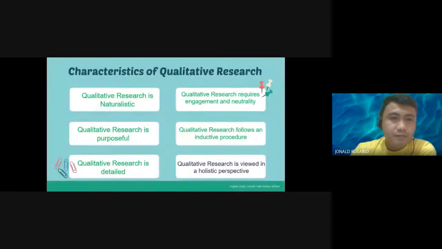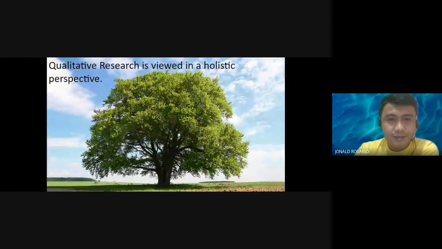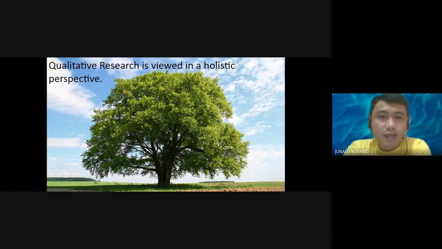Okay? Next, for the last one, qualitative research is viewed in a holistic perspective. In a holistic perspective. Holistic. So we have here class a tree. So meron tayo ditong puno. And we can see that a tree has, of course, its leaves, branches, trunks, fruits.